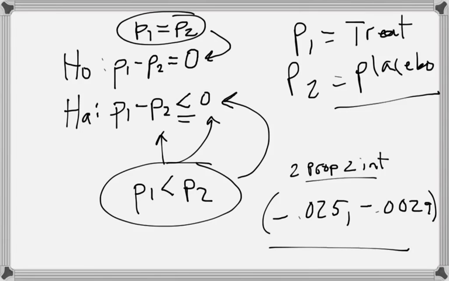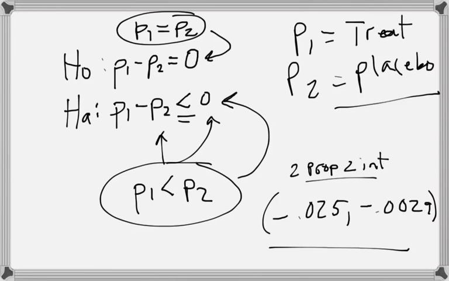And what is our script for interpreting the confidence interval? In this case, you'd say, I'm 95% confident that the true difference in the proportion of the placebo group and the treatment group is between negative 0.025 and negative 0.0029.